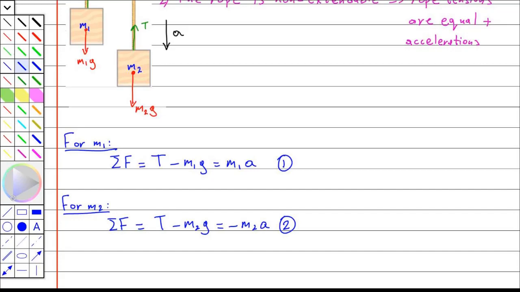In this case, we only have 2 equations, and because we do not care about calculating the tension of the rope, only the acceleration, we need to eliminate the tension from these 2 equations. Because the 2 equations have exactly the same form, only a sign is different, the best course of action is to use the opposite coefficient method to eliminate the tension.